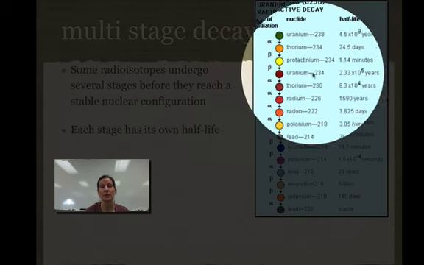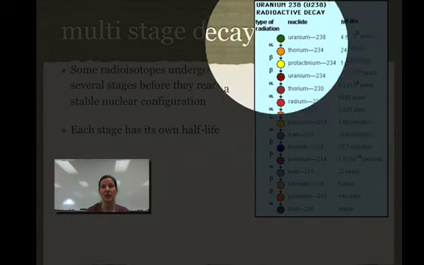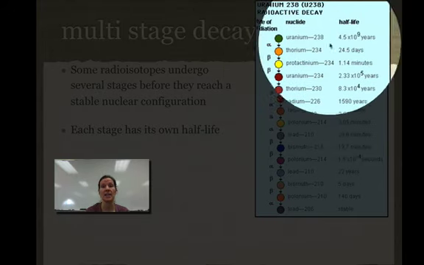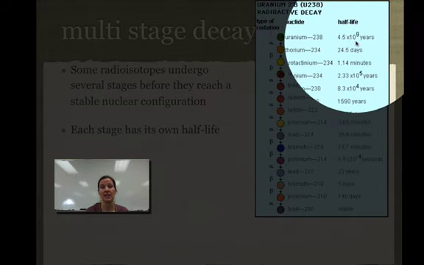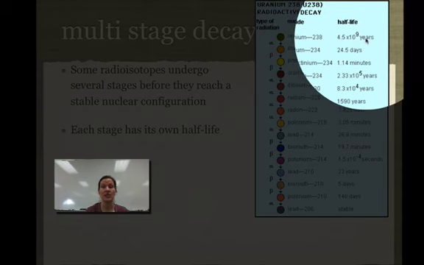So each step along the process has its own amount of time it takes, and again, it's the time it takes for half of it to decay. So for that 100 grams of uranium-238, it takes 4.5 times 10 to the 9 years to get down to 50 grams. And then it takes 4.5 times 10 to the 9 years to get down from 50 to 25. So each half-life is the amount of time it takes for half of it to decay.